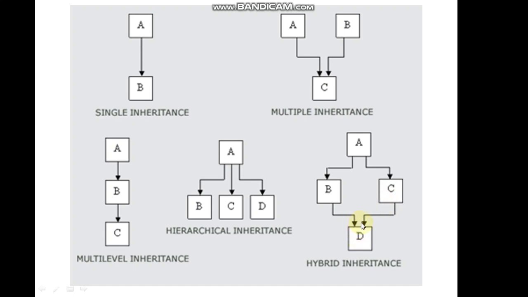So this can be considered as multiple inheritance. Properties in A are inherited by B. Properties in B are inherited by D. This can be an example of multi-level inheritance. So this will also contain single inheritance. Properties from A are inherited by B. So this is a combination of the first four types of inheritance.